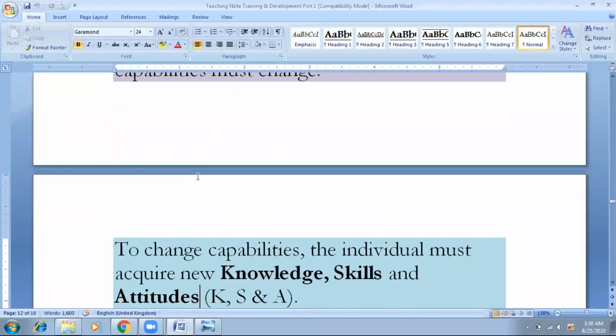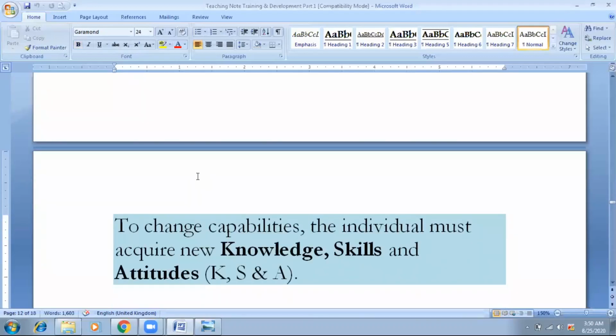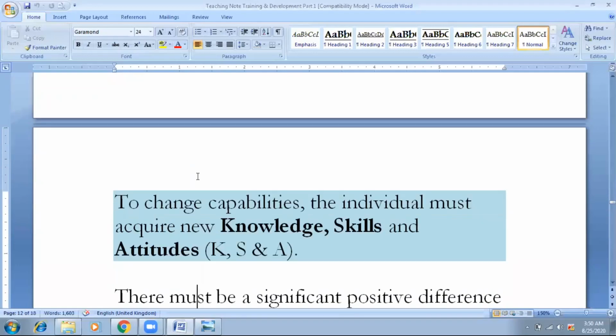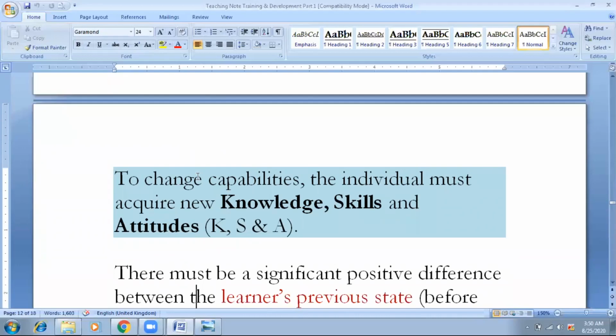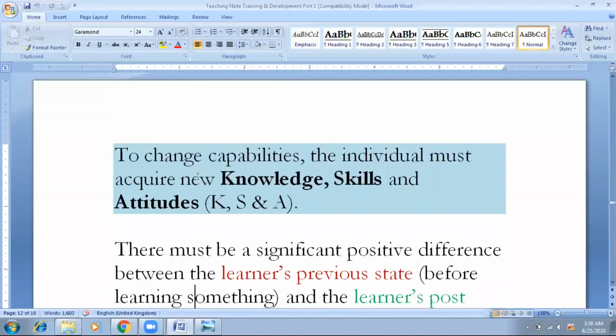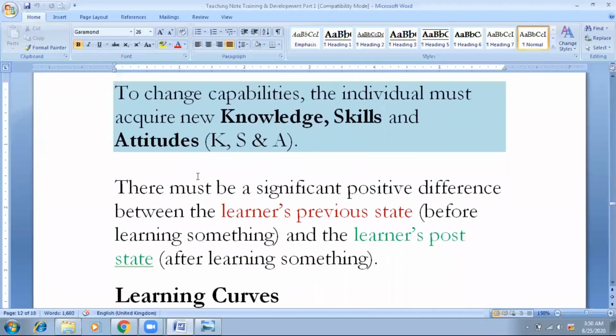To change capabilities, the individual must acquire new knowledge, new skills, and new attitudes. So there must be a significant positive difference between the learner's previous state before learning something and the learner's post state.